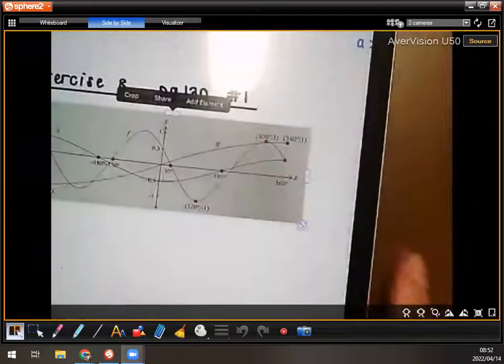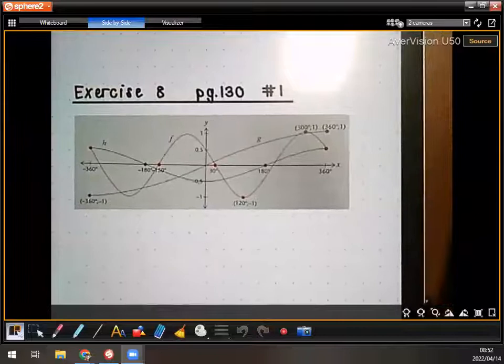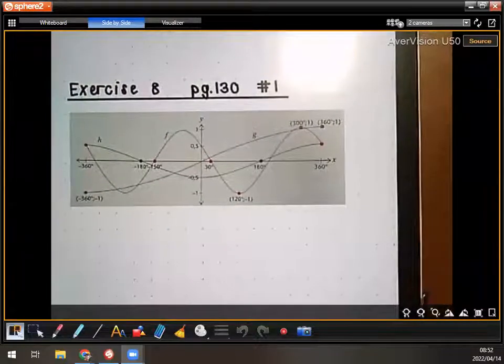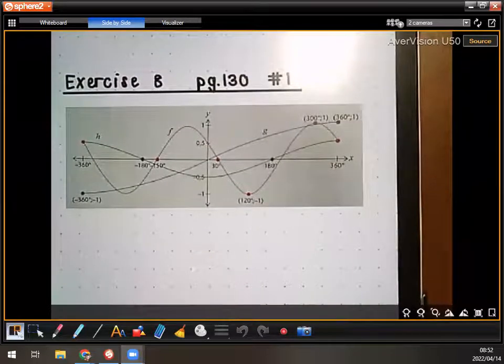I'm just going to put it on this picture as well. Okay, so that is what they've given us. Sorry, that's a bit dark. But do we see that there are 3 graphs?